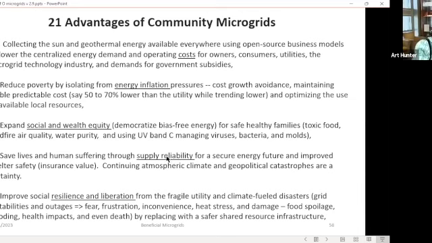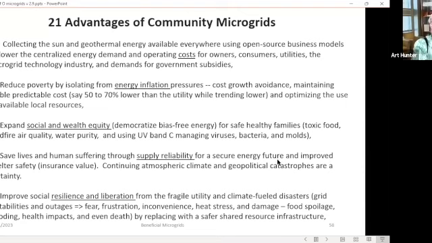Supply reliability: it greatly increases reliability because it is much more reliable than the grid itself, which is a bunch of old wooden poles which can get blown over with all the weather events.